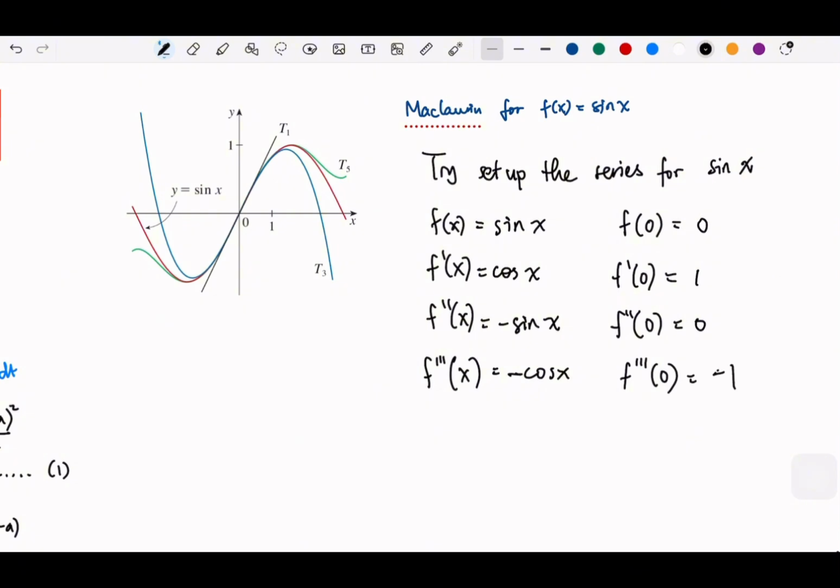You will see that we have 0, 1, 0, negative 1, which means that one or another, there will be either even number or odd number in the coefficient. Because the other part will be 0. So that's why we are only having 1, 3, 5. That's the coefficient, or the n, that should be written down as a series.